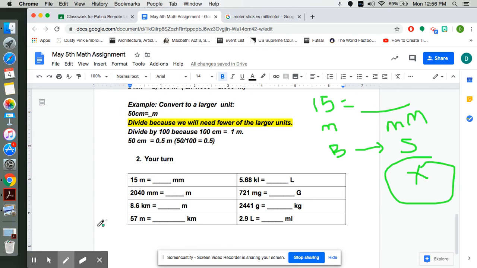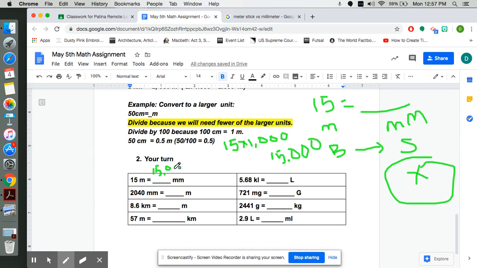So I'm going to have to be doing 15 times 1,000. 15 times 1,000 equals 15,000. So 15 meters equals 15,000 millimeters.